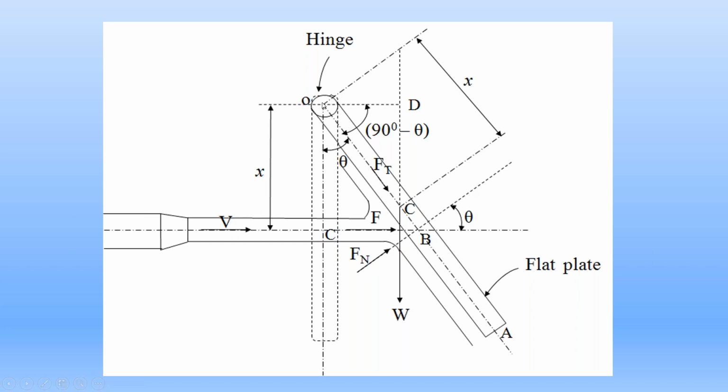In that right angle triangle, we have the angle theta at point O. So take cos theta in that triangle.